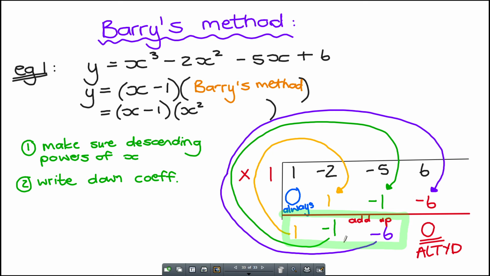What's my second number here? Minus 1. So dit gaan wees minus 1 x. What's my third number there? Minus 6. So minus 6. Is dit nie so veel makliker nie? Huh? Ek weet dit lyk nou lank, want ons het nou mooi verduidelik tussenin, maar dit is eintlik so vinnig.